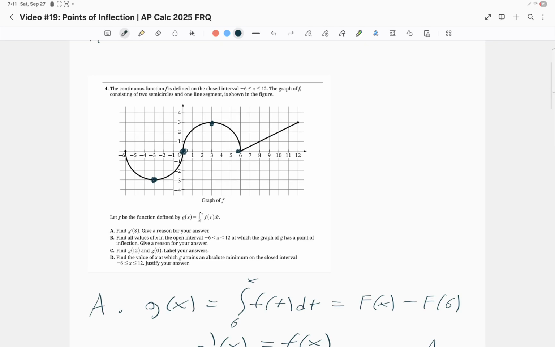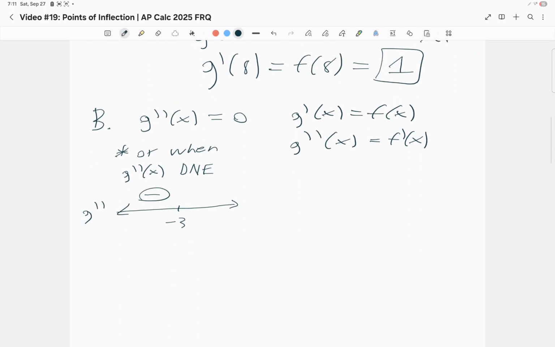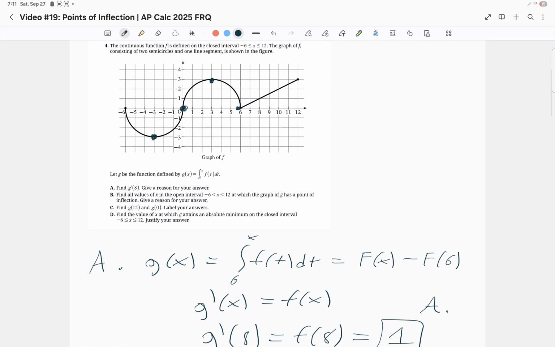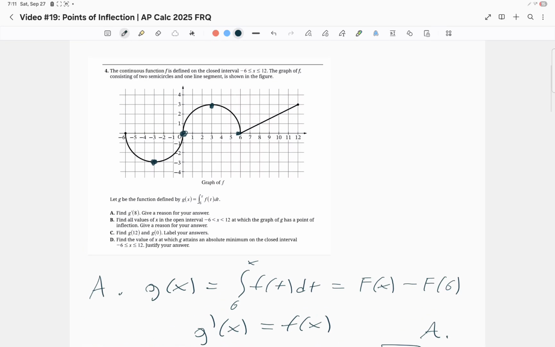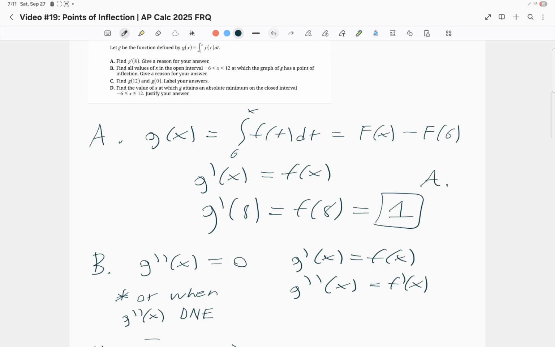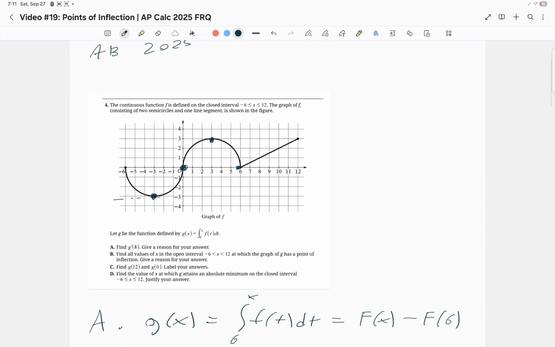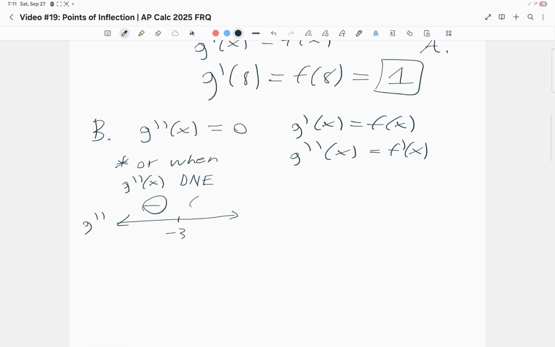Before -3, the second derivative, or the slope of the graph of f, is negative, for values smaller than x equals -3. For values greater than -3, the slope is positive, because that's an example where we would have a tangent line with a negative slope, and up here a tangent line with a positive slope. So we're going from negative to positive there, and that's occurring at this point where the derivative is equal to 0, because that's the very bottom of that semicircle, where the tangent line would be fully horizontal, as mentioned before.